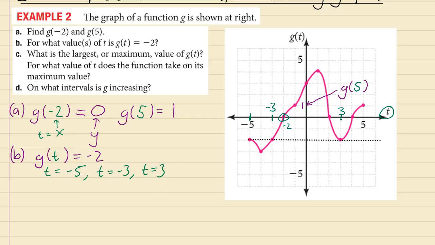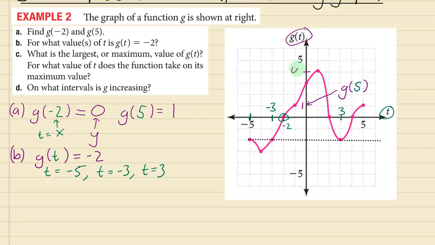All right, so let's find the largest or maximum value of g of t. So that's going to be where the y coordinate, the vertical coordinate, represents g of t here. And we want to make that as large as possible. And it looks like that happens here at this point.